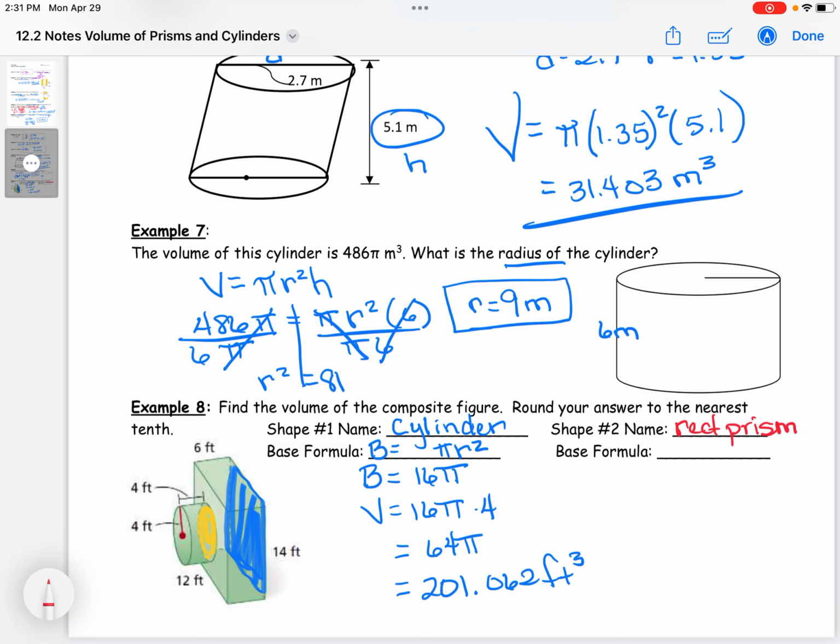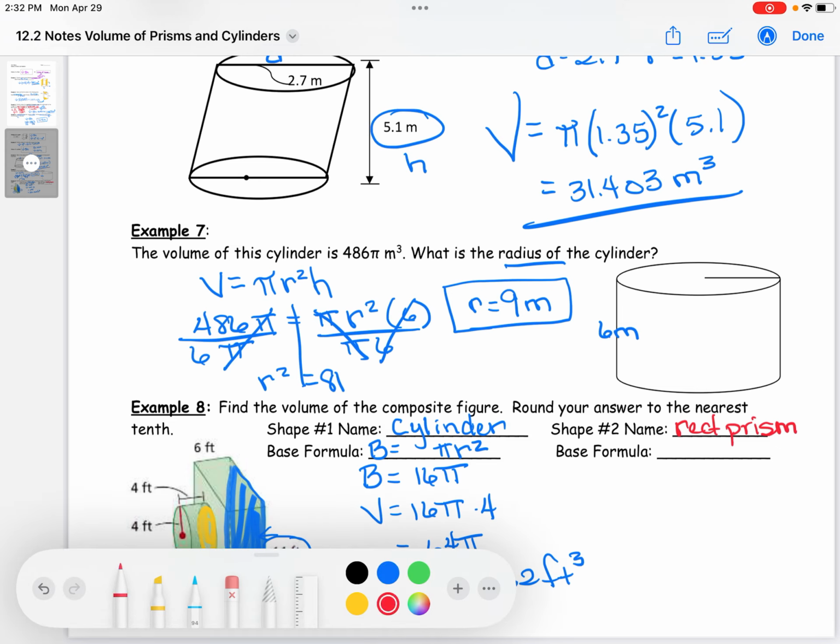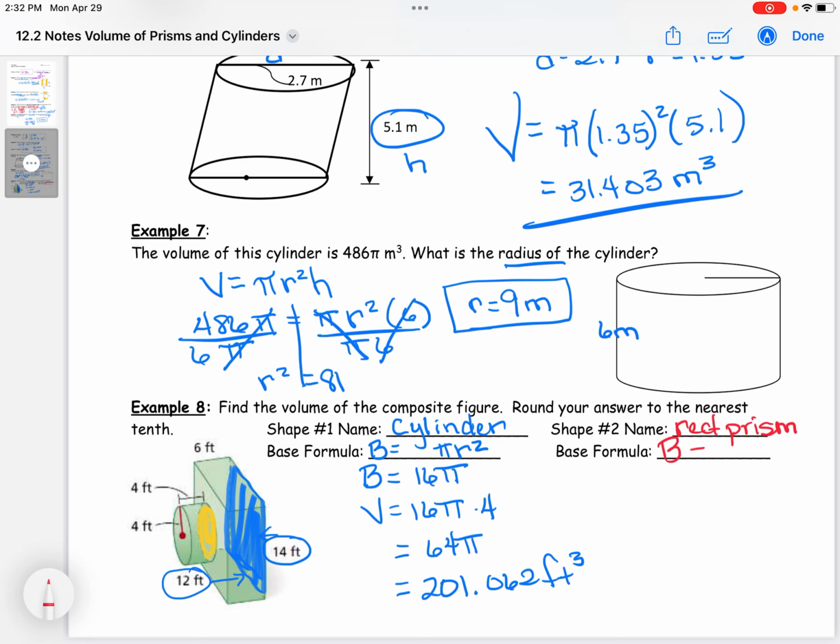All right, and then the rectangular prism, and I colored in the base, so we're going to call the base, I got you. This goes with that, and the 12 goes on the bottom. So the base is 12 times 14.